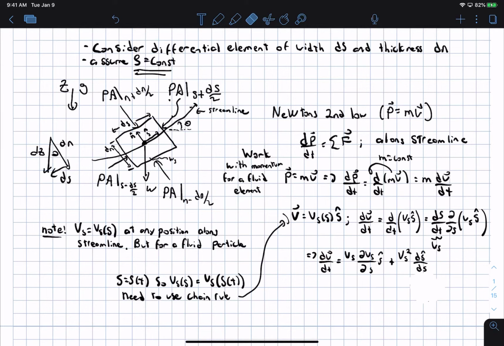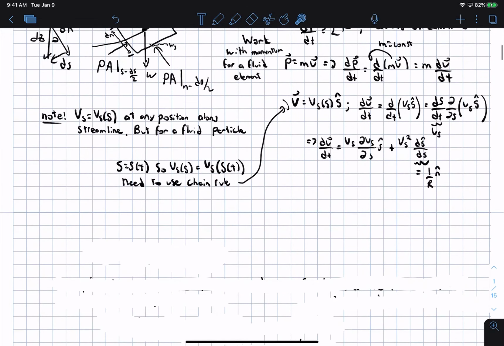I'm not going to prove it in this class, but the second term, ds hat/ds, is just 1 over the radius of curvature times n hat. It's a bit of chain rule magic, but it does work out in your dynamics class. You probably dealt with this quite a bit too.